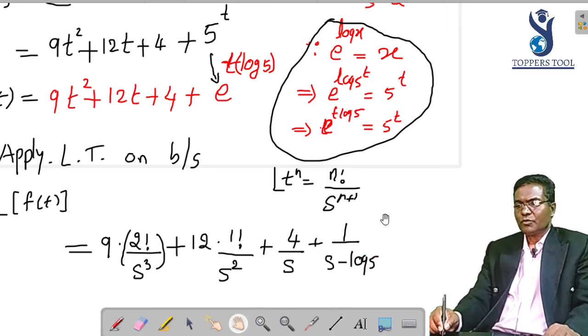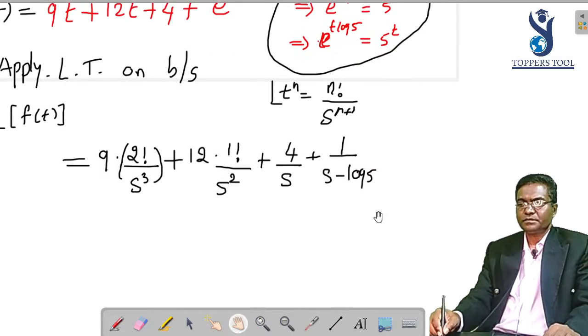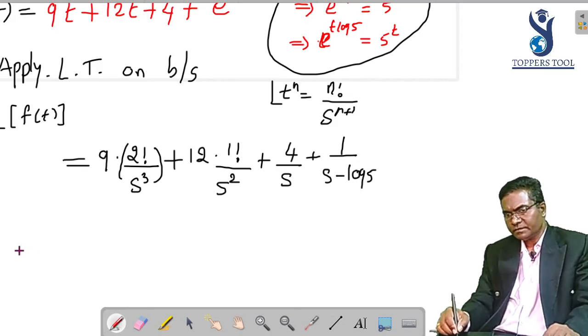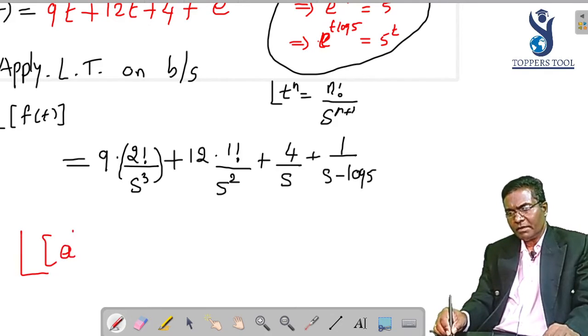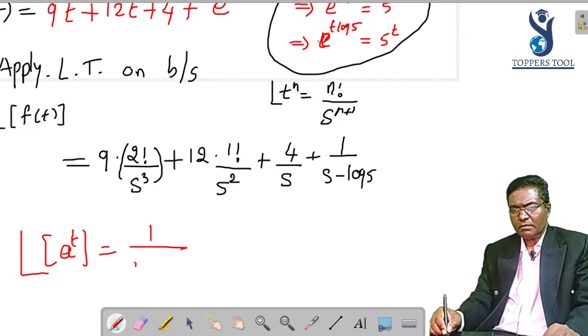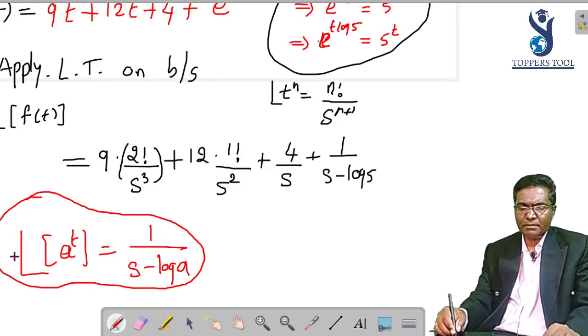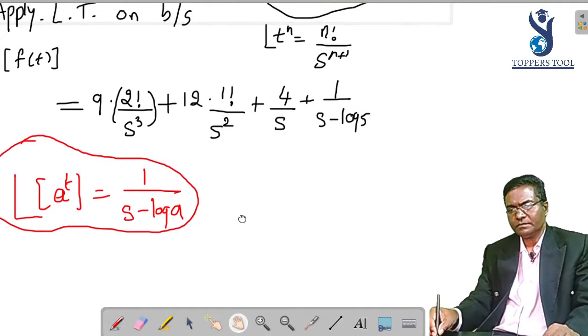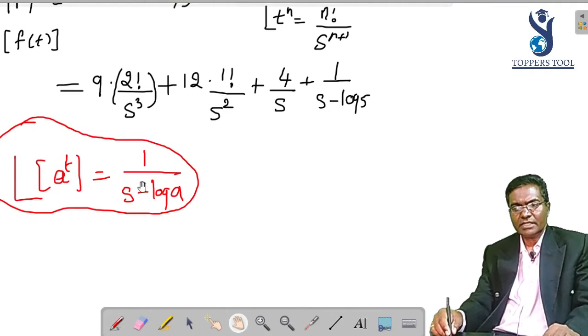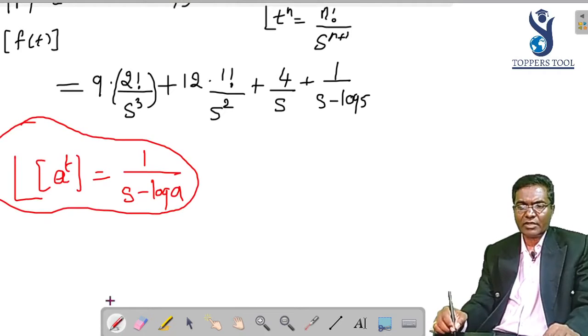Okay, so better you remember this thing. Better you make a note of this. L of a power t can be written as 1 by s minus log a. Whenever you get Laplace of a power t form, immediately you can write it as 1 by s minus log a.